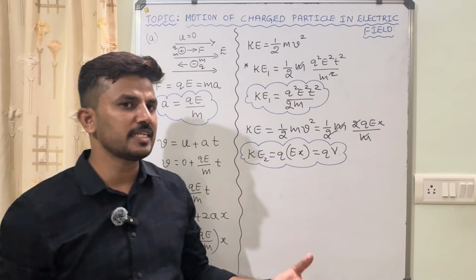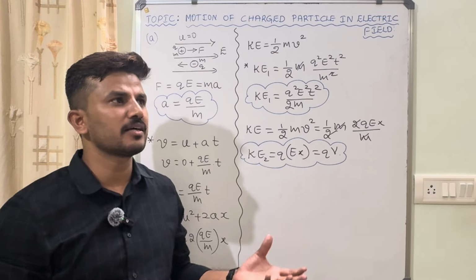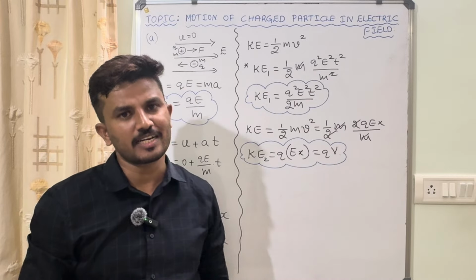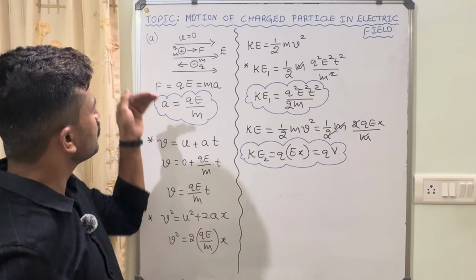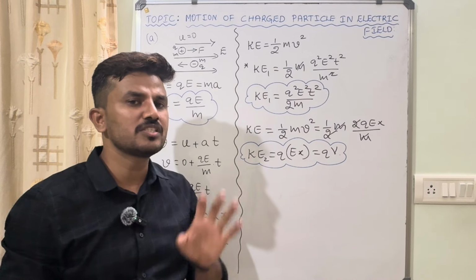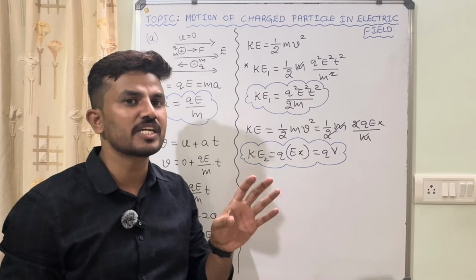Now, let us take the second case where we consider the charged particle enters perpendicular to the electric field. And one more thing here. If I consider the charged particle just placed in electric field, in which direction does it move? It moves in a straight line.